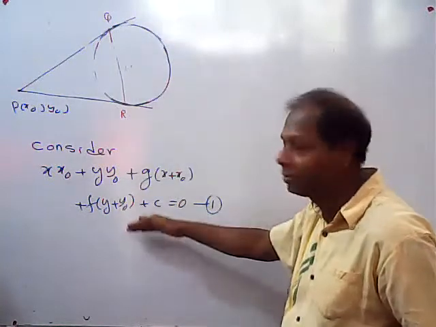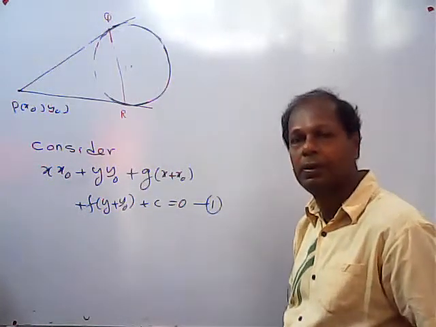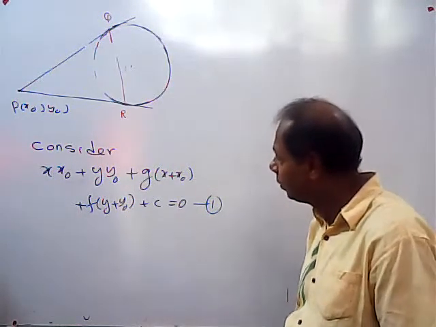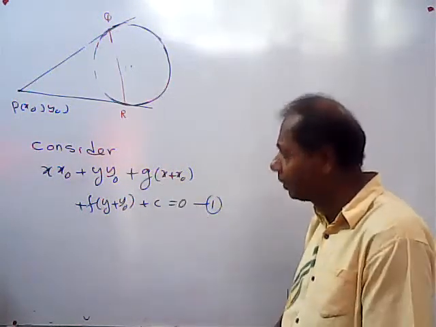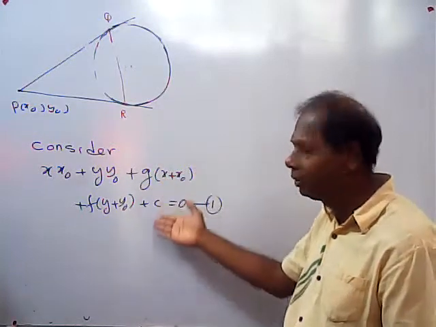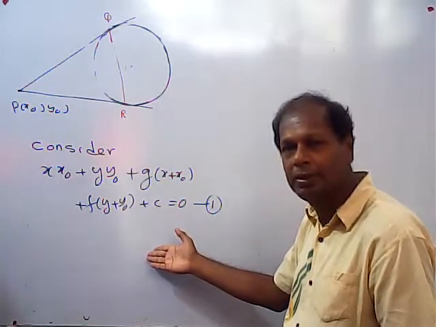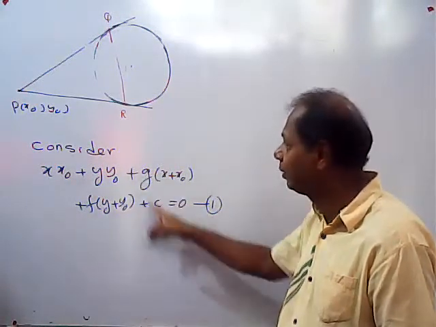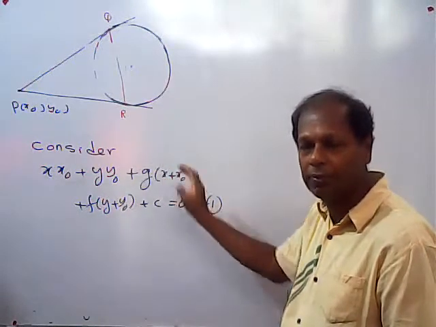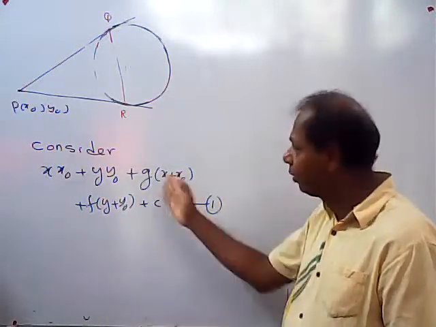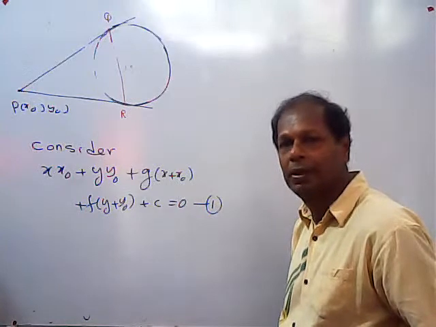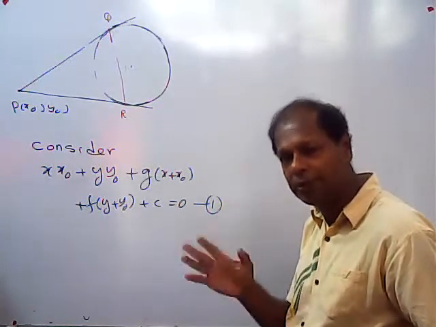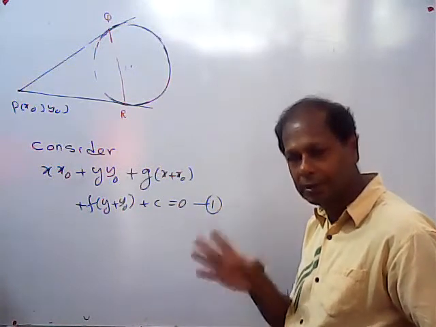Then this represents the chord of contact. Okay. The first step, to show that this is a straight line, is very easy. You can see that it's a linear equation of x and y; g, f, c, x0, y0 are all constants. Therefore, this is surely a linear equation of x and y. We know that a linear equation of x and y always represents a straight line, right?